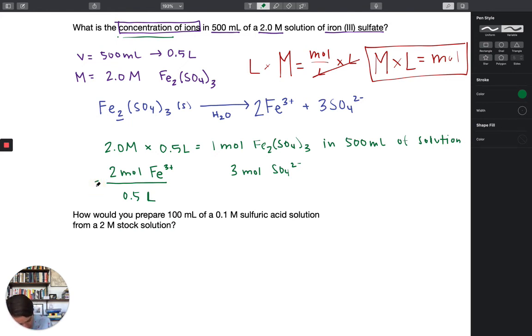So that means I have 4 molar Fe3+. Over here, divide 3 moles by 0.5 liters. This would be 6 molar SO4 2 minus.